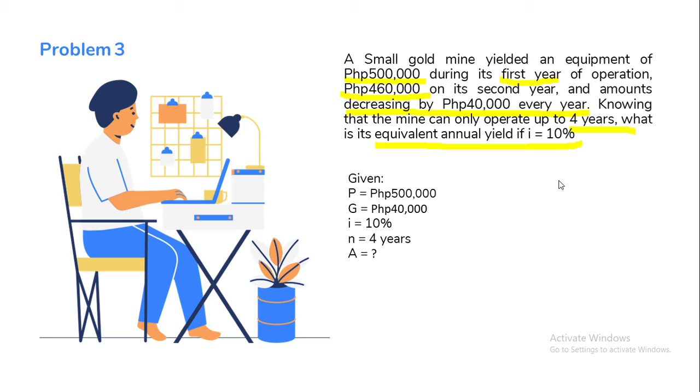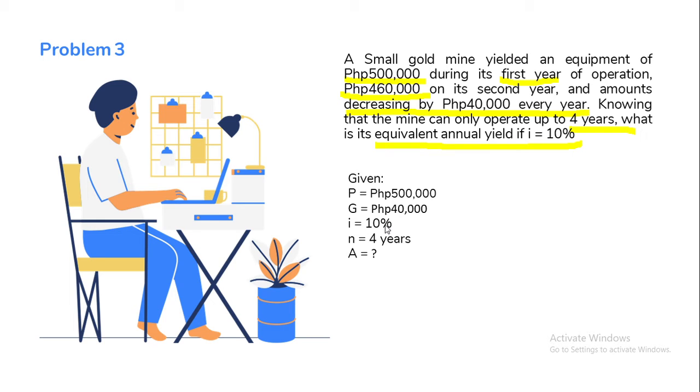So the given: in the first period, we have 500,000 pesos of yield. In the second year, it became 460,000, so it decreases by 40,000. So that will be our gradient amount.